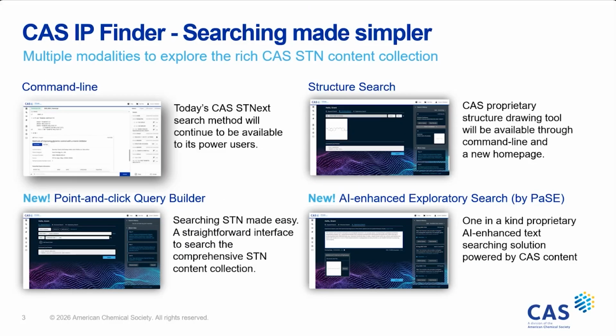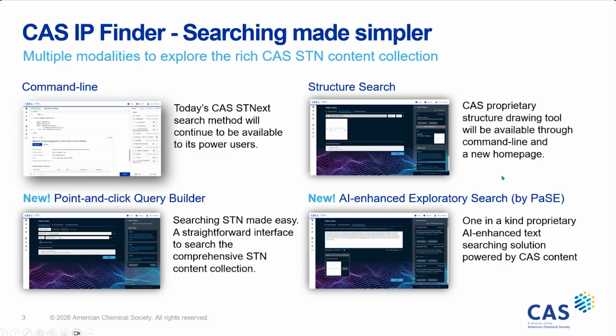The main or primary new graphical user interface features that you will see are, of course, the traditional approach for the command line. We continue to support the command line, which is the search method that all STN users have been using to date. However, we've introduced new capabilities for searching within IP Finder.